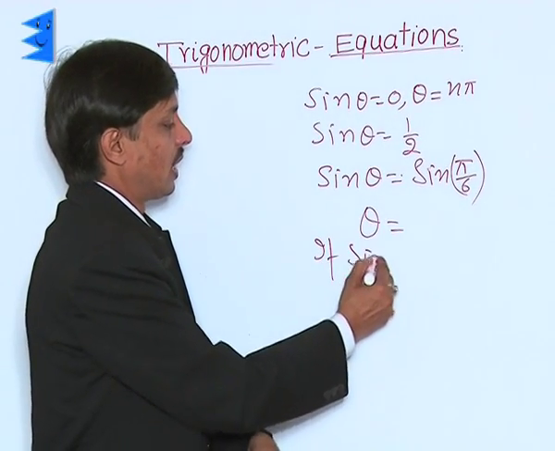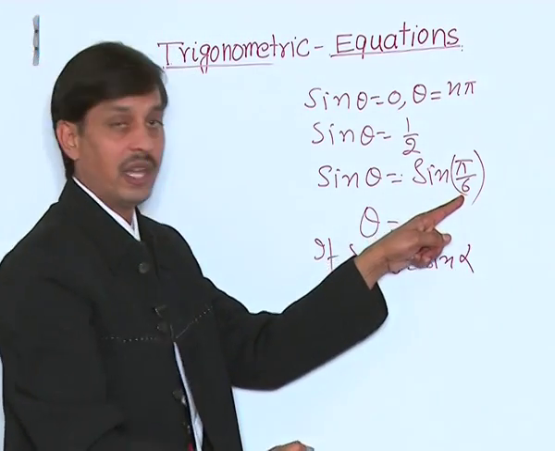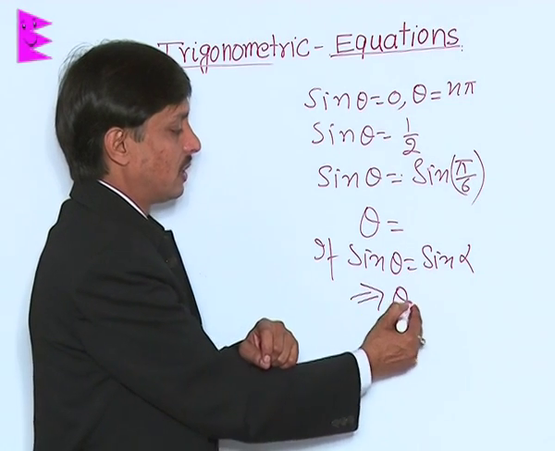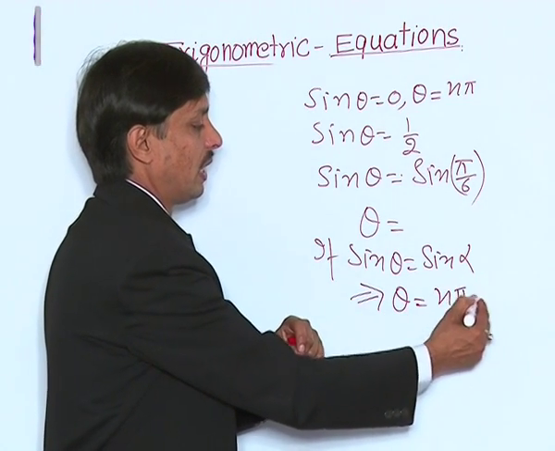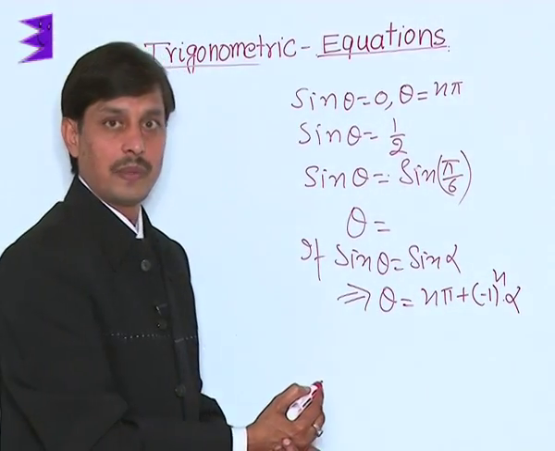Thinking of such values comes under some particular general results. First, if sin theta is equal to sin alpha, here alpha indicates pi by 6, the result of theta is given by n pi plus (minus 1) to the power n into alpha.